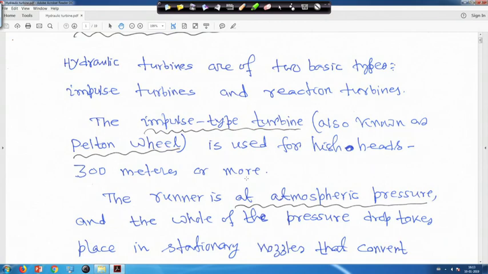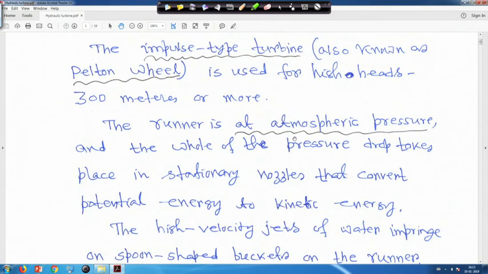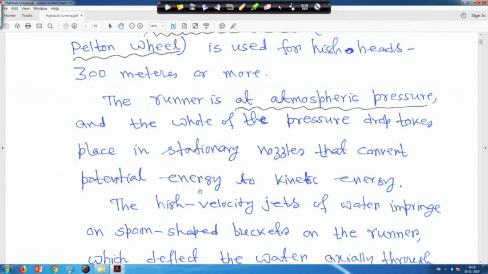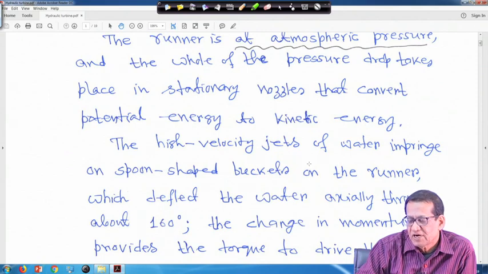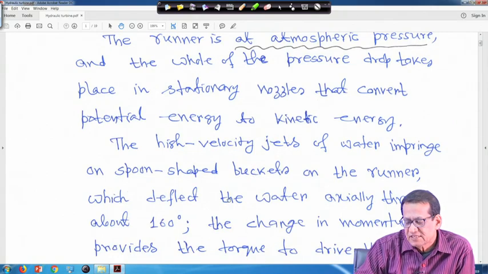or more. The runner is at atmospheric pressure and the whole of the pressure drop takes place in stationary nozzles that convert potential energy to kinetic energy. The high velocity jets of water impinge on spoon shaped buckets on the runner, which deflect the water axially through about 160 degrees.